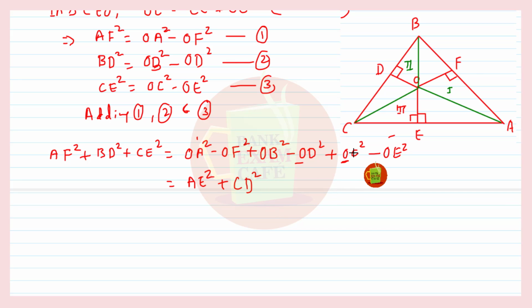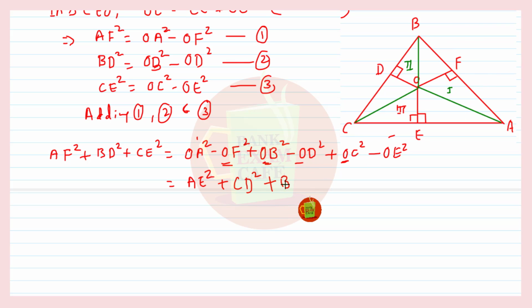Now here what next we want, BF square. How will you get this BF square? It will be OB square minus OF square, that is equal to BF square.